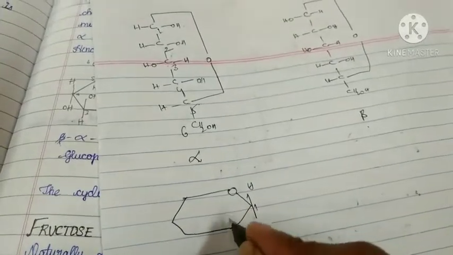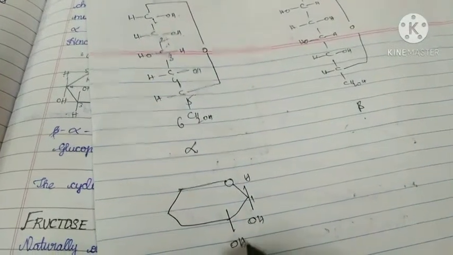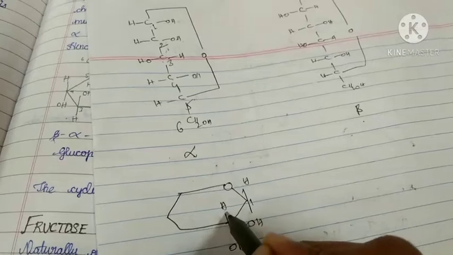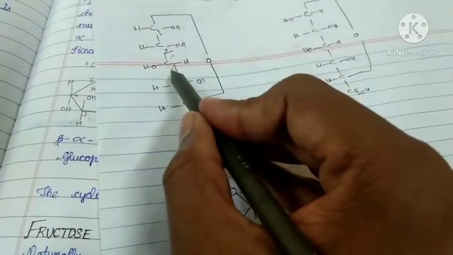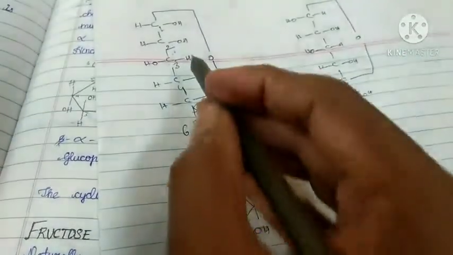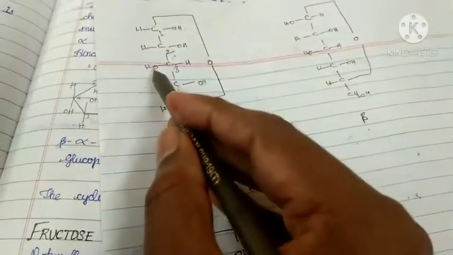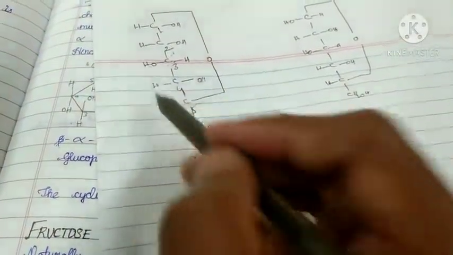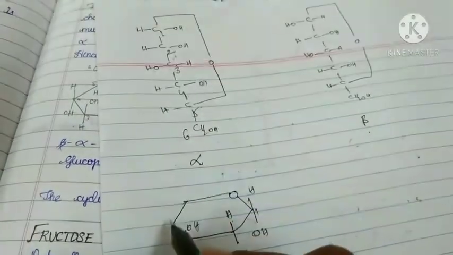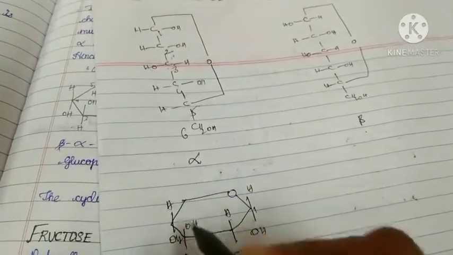Second one, OH is present on the right side here also, so again OH comes on the lower side, H comes on the upper side. Here OH is present on the left side and H on the right side, so H comes on the lower side and OH on the upper side. Here OH is present on the right side again, so it comes on the lower side, H comes on the upper side.